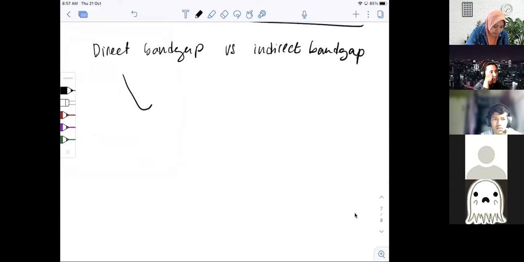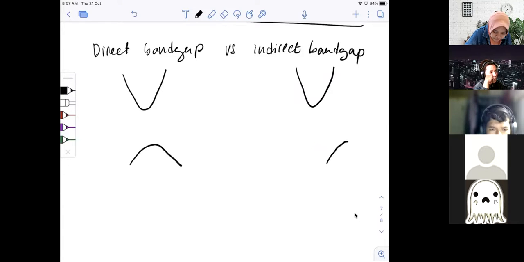So direct band gap will look like this. So where's the band gap?